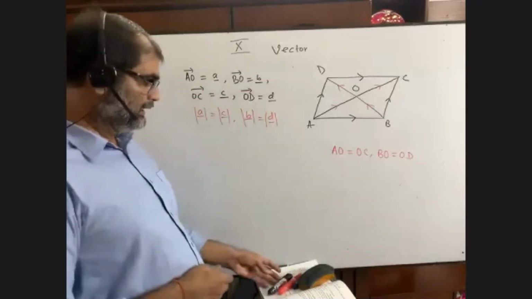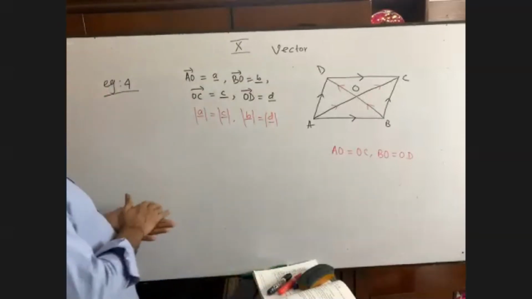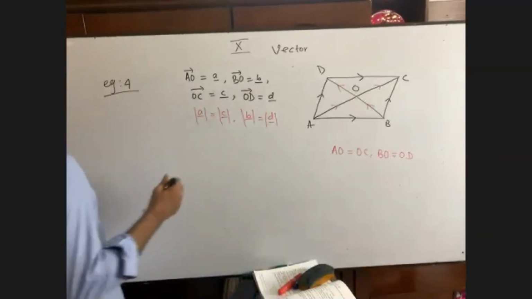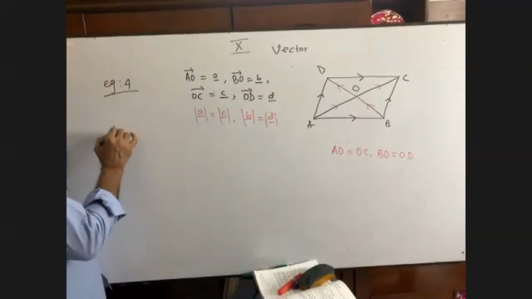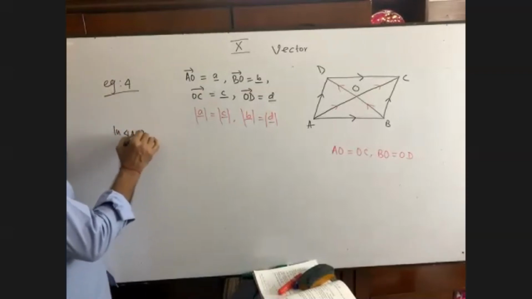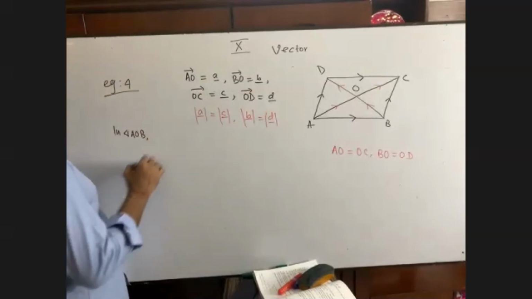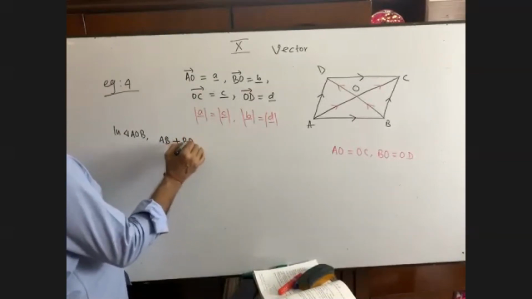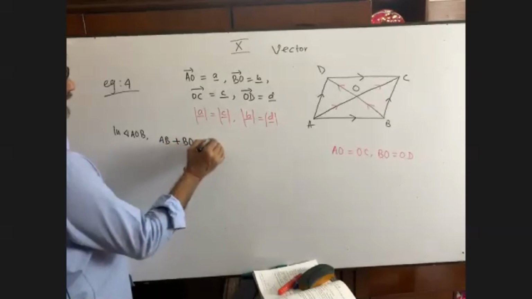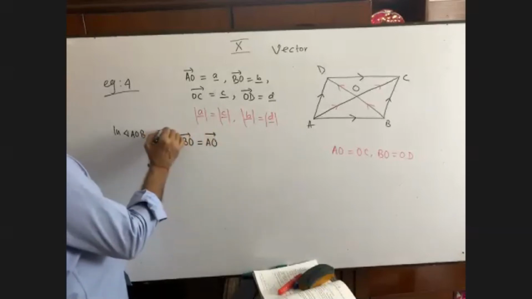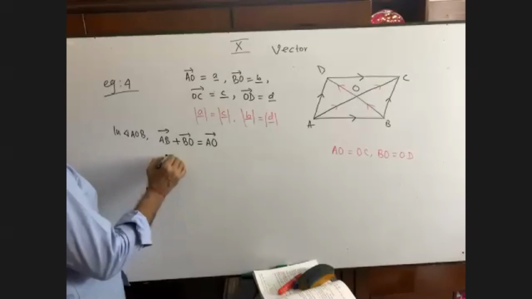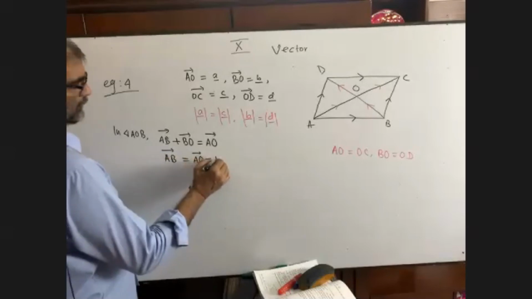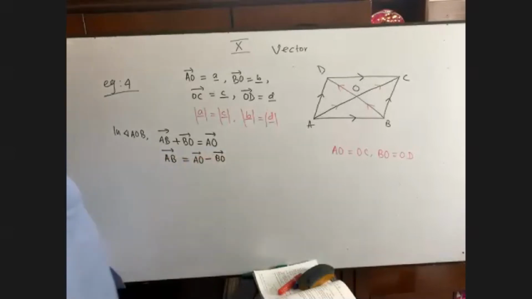Now you can easily do, in the book, it is not written properly. In triangle AOB, can you please let me know? AB plus BO is equal to AO. From here, we can write down AB equals to AO minus BO. Talk to me.